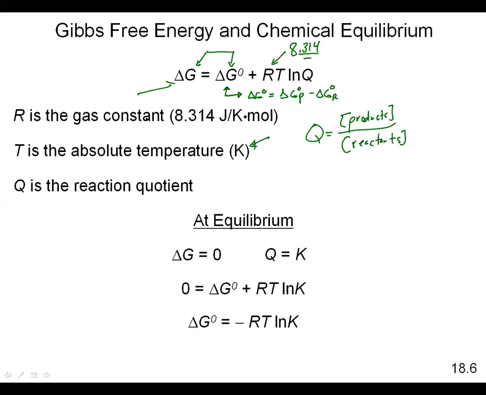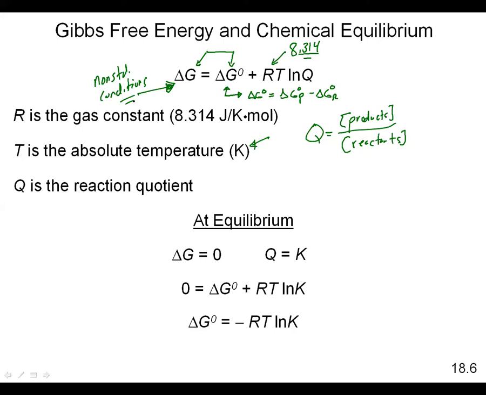So you could think of this delta G value as the delta G under non-standard conditions. Again, what that means is that something is not under standard, textbook table type conditions.